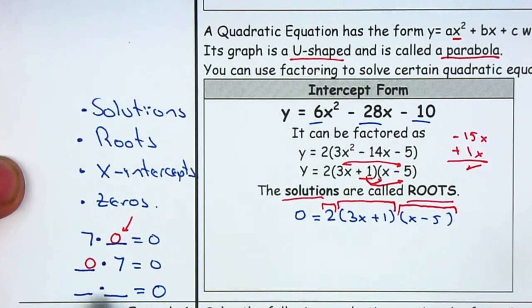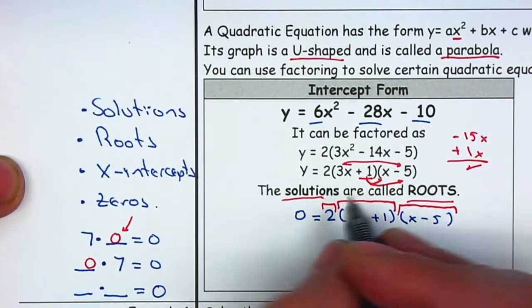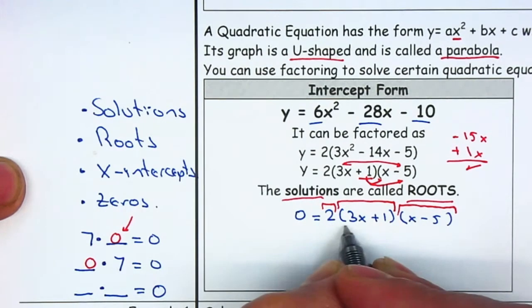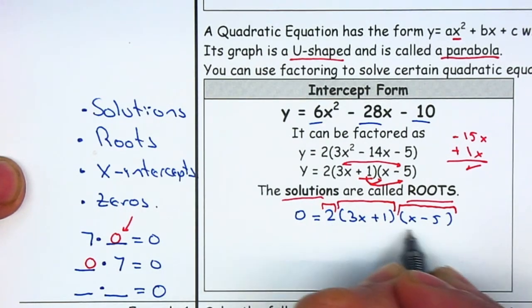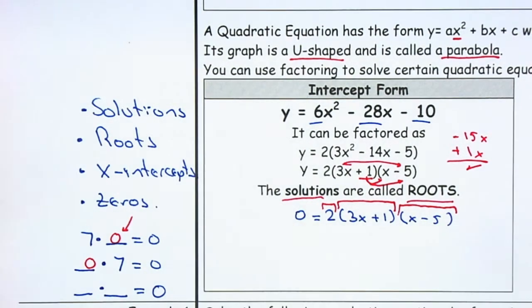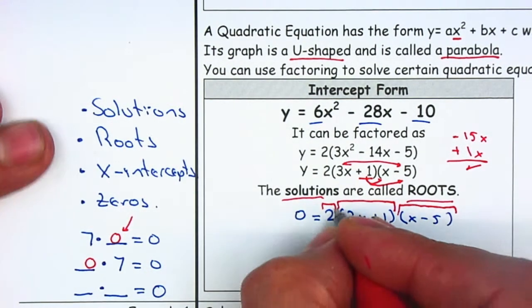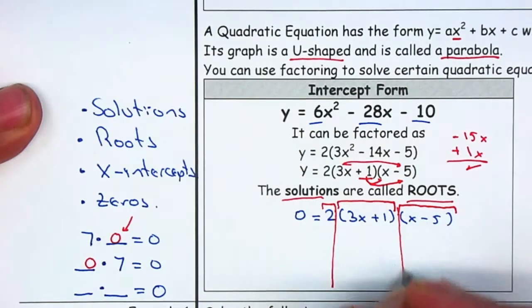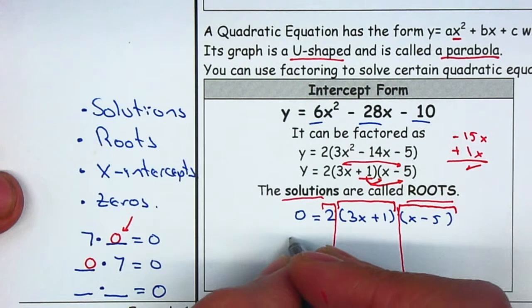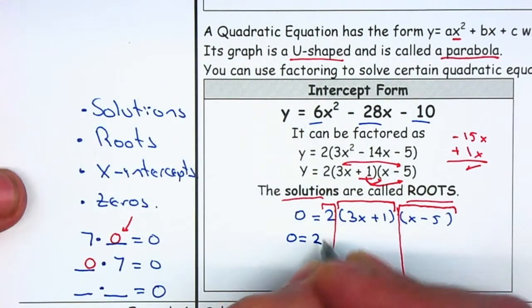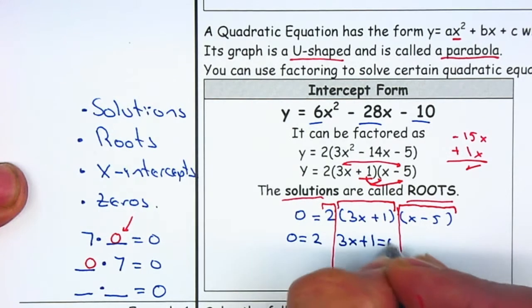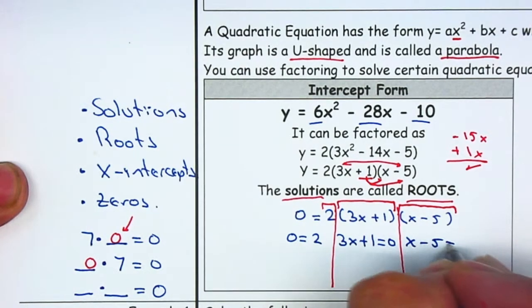So we're going to take the same thought, because we know that those three factors, 2, 3x plus 1, and x minus 5, multiply together to equal 0. One of them or all of them must be equal to 0. So we're going to set each one equal to 0: 2 equal to 0, 3x plus 1 equal to 0, and x minus 5 equal to 0.